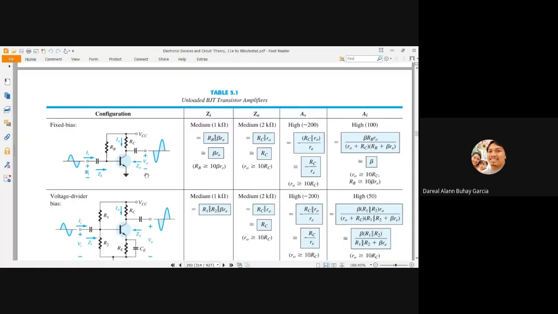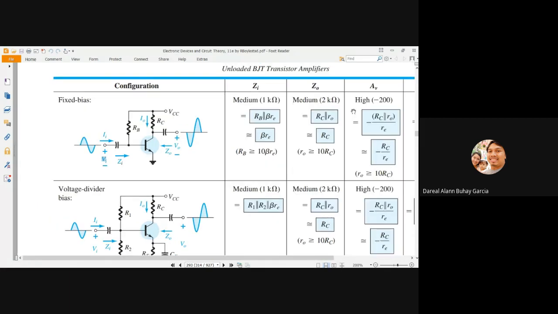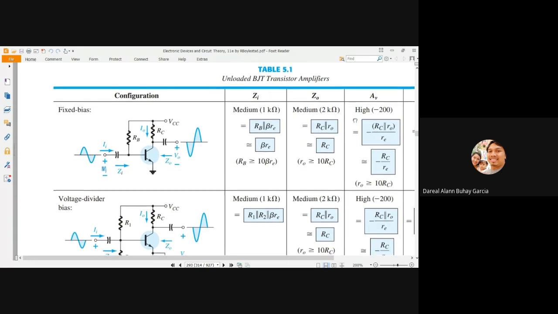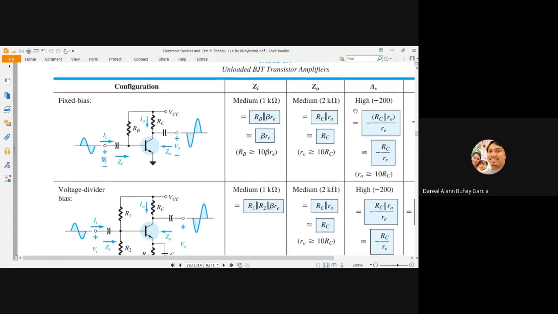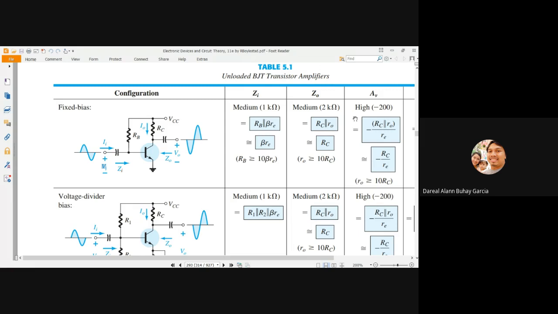So for the fixed bias, ignore lang ning fourth column, AI, current gain. Wala man kay gamit gyud ana. So these are the three amplifier parameters for the fixed bias, ZI, ZO, and AV.